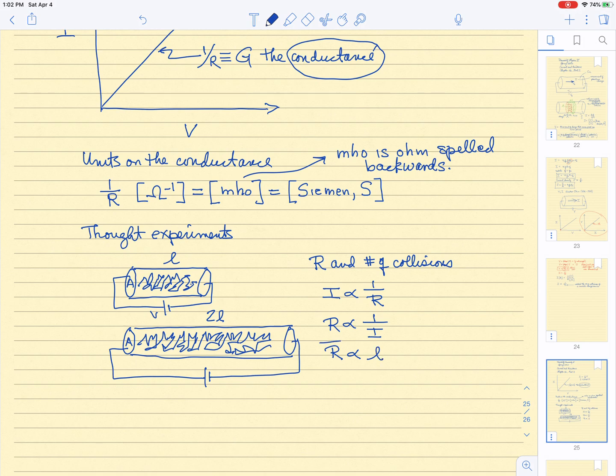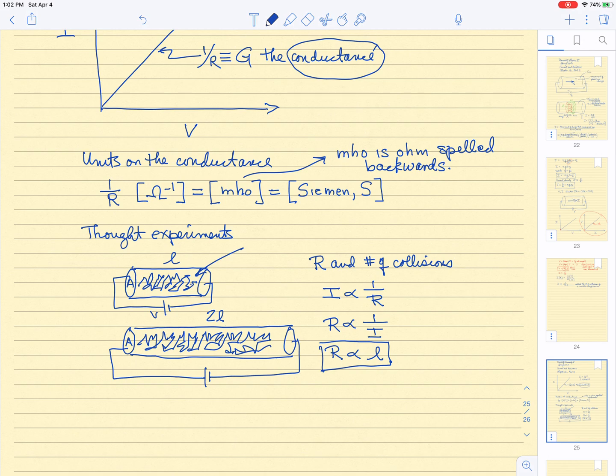So here's the important part, right? Since the resistance is related to the number of collisions, and again in a linear fashion, clearly, if this conductor has a bazillion collisions for a mobile charge carrier going this length, it's going to have 2 bazillion collisions in going through a conductor of length 2L.